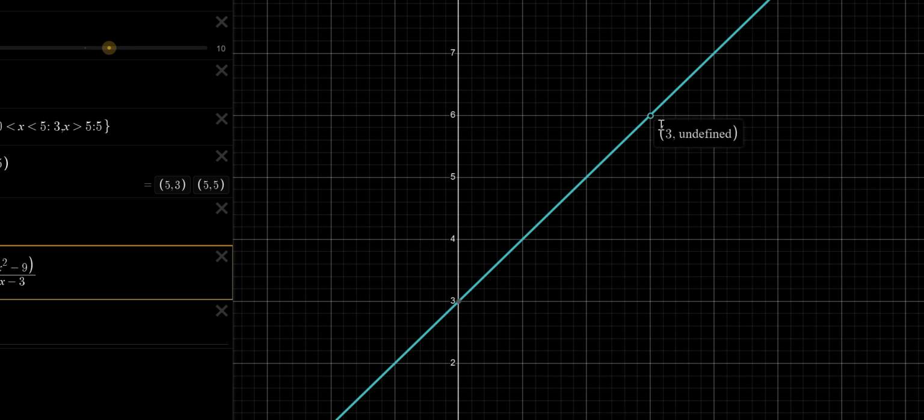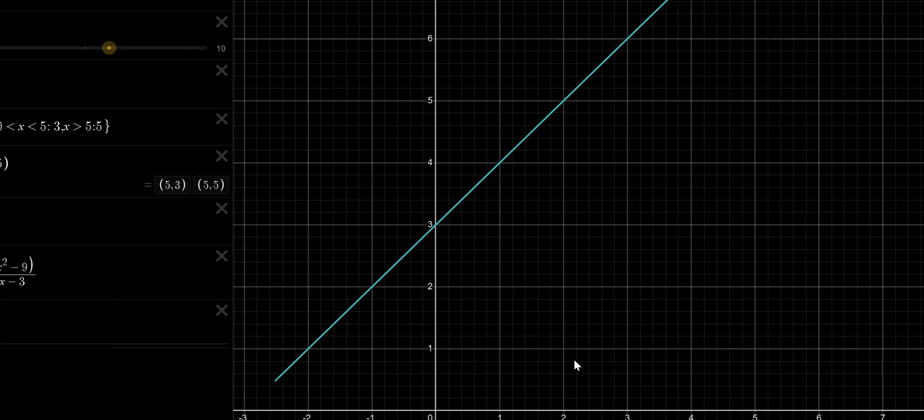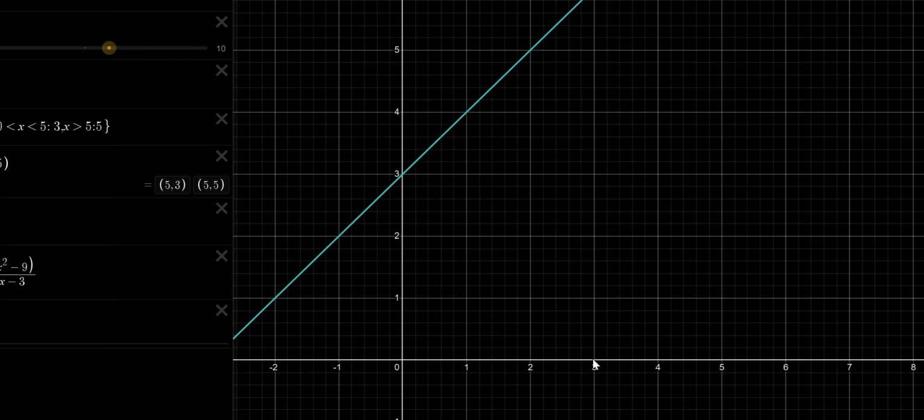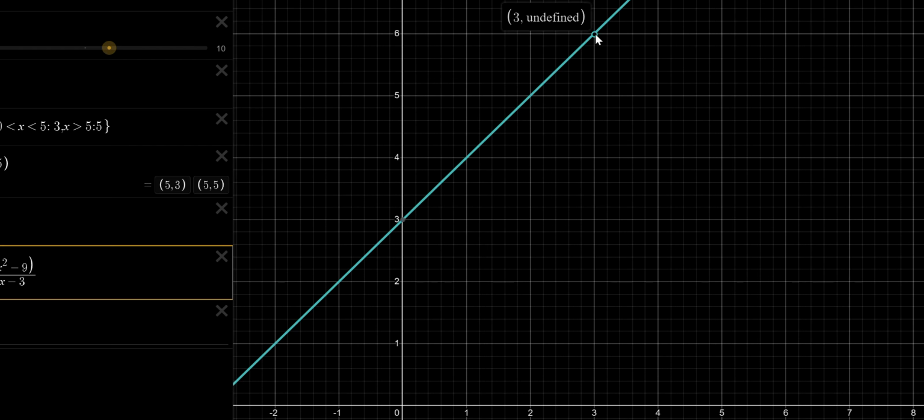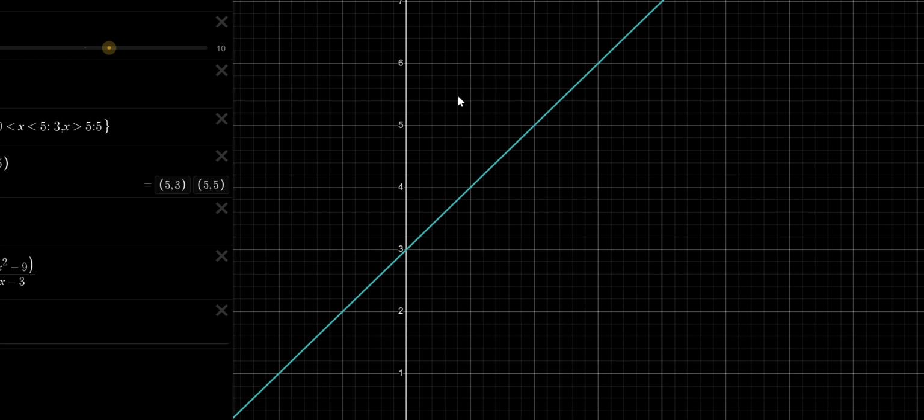Oh my God. It's undefined at one specific point. And that point is when x is equal to 3, as you can see right here. x is equal to 3, and then you'll see that it's undefined. Now, on a graph, we can obviously see that the limit is 6, right?